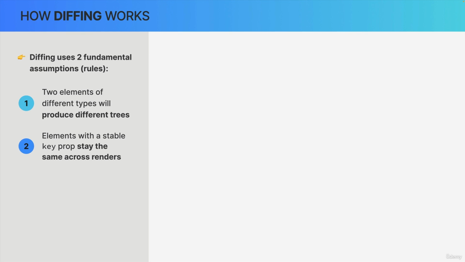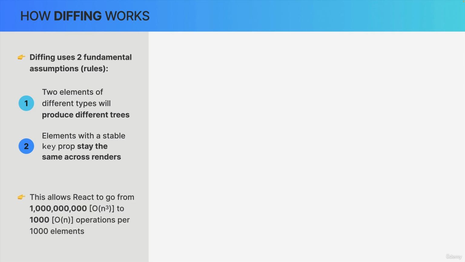Now, these assumptions may seem pretty obvious, especially the first assumption, but they allow the algorithm to be orders of magnitude faster, going, for example, from 1 billion operations per 1,000 processed elements to just 1,000 operations.